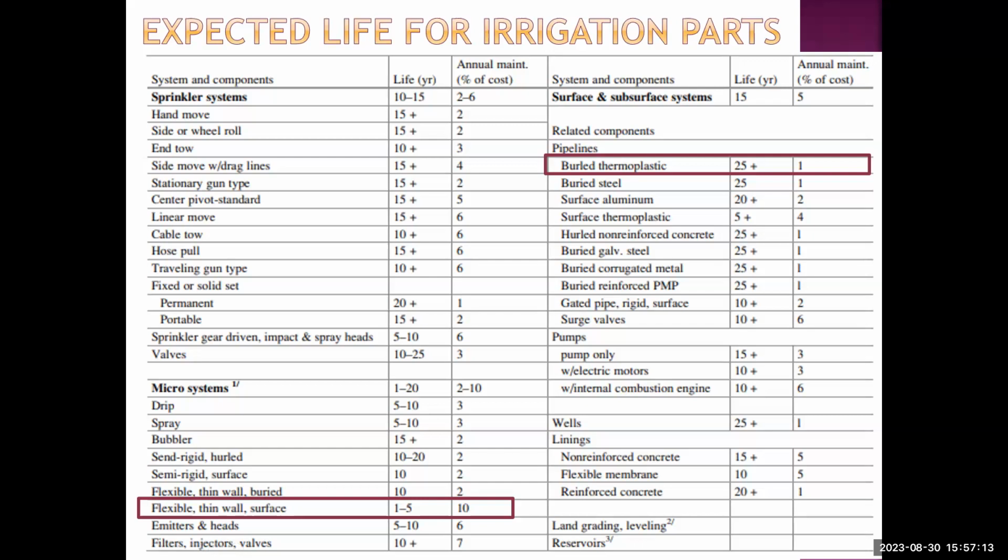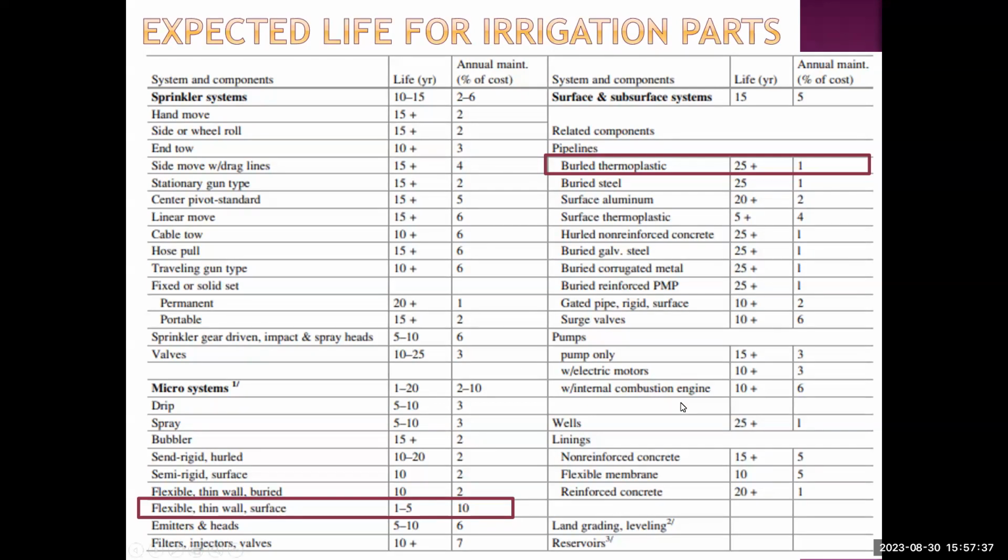So if you were doing an economic analysis, you wouldn't replace the pipe. But flexible thin wall drip tubing might be replaced every 1 to 5 years. So in your 20-year analysis, you'd have a line item there for replacing the drip tubing every few years, however long you think it would last.